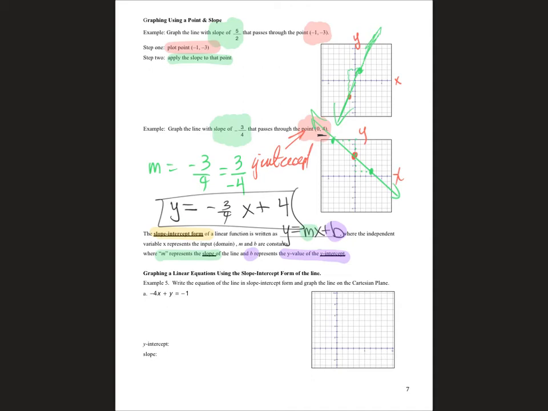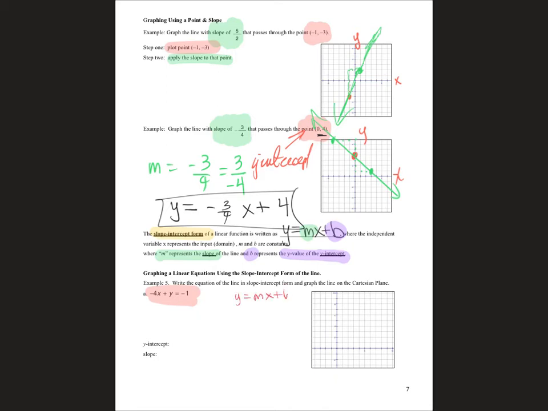Now, here you've been given the equation of a line. It's not in slope-intercept form at all. But I want to write the equation that is given in this form in slope-intercept form. So how am I going to do that? I'm going to solve for y. I need to have it in this form.